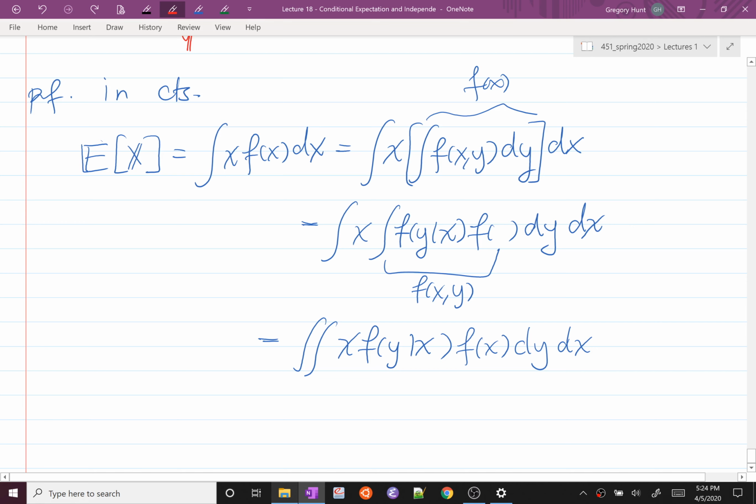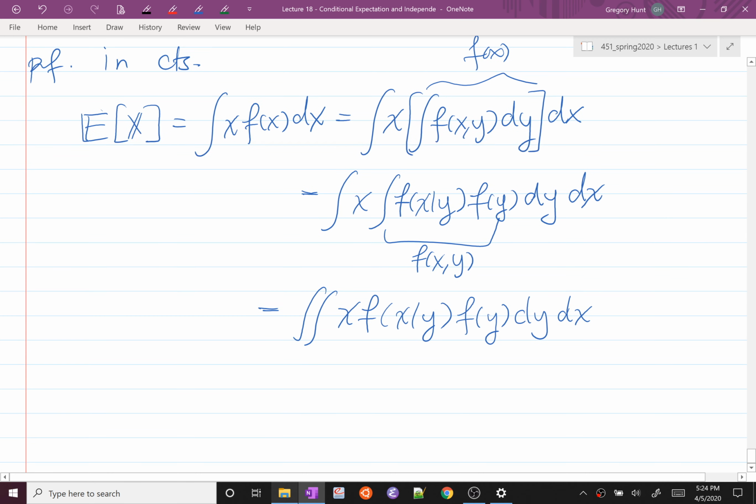We want to say that this is f of x comma y. We want to say it's x given y, because we really want these integrals. Okay, so that's correct. So we can write this as f of x given y times f of y. So let's write it that way. This will be the result we want. Okay, so let's set E of X as the integral of x f_X dx.